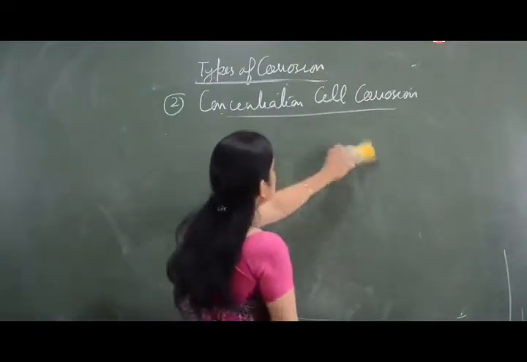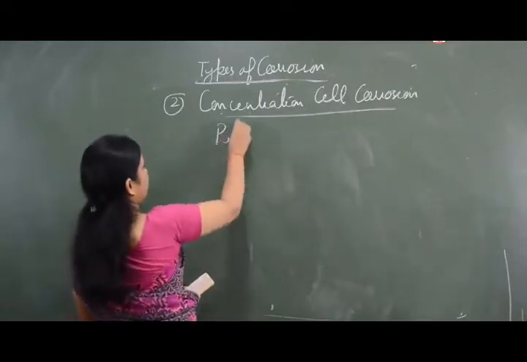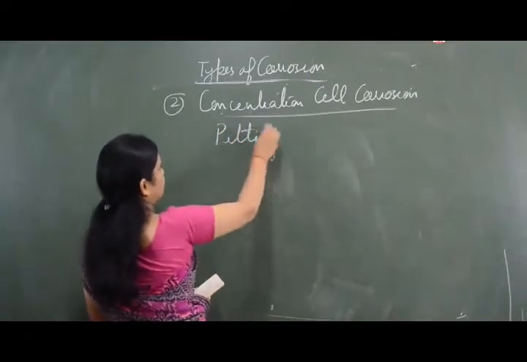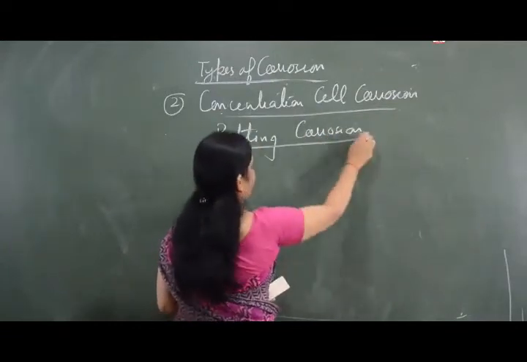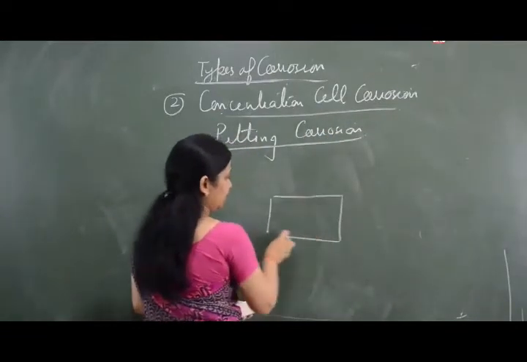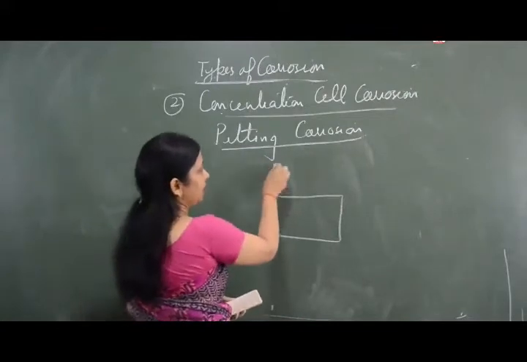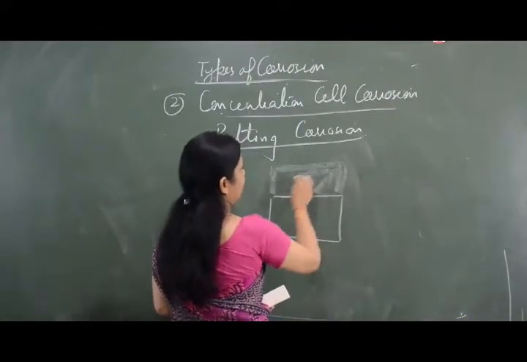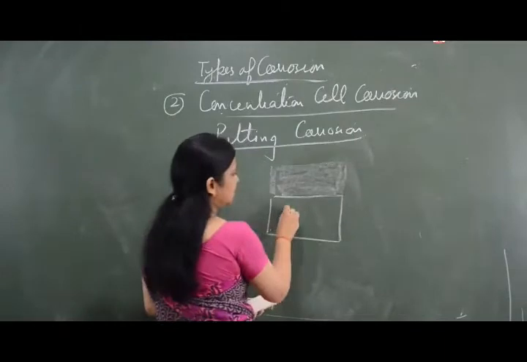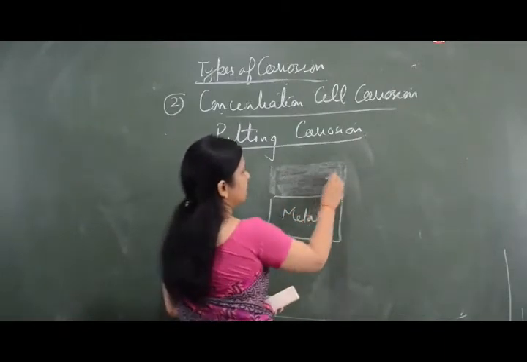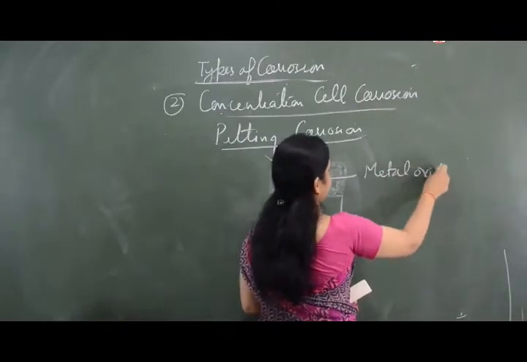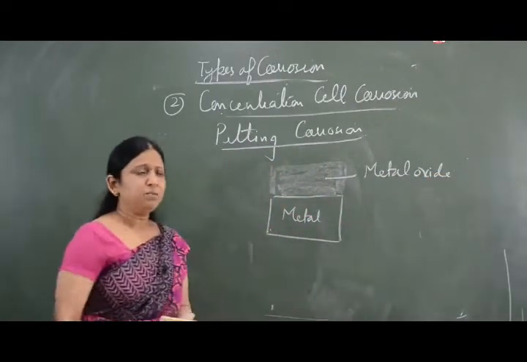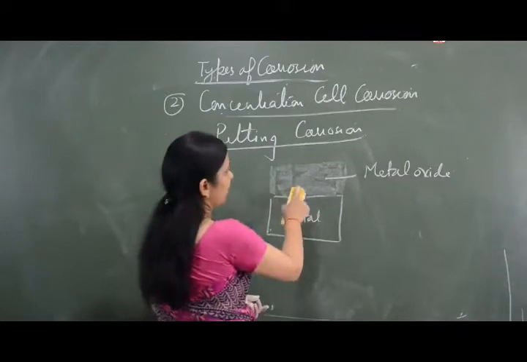Then the next concentration cell corrosion is pitting corrosion. The meaning of pitting corrosion is, suppose we have this metal, and over this metal we have a metal oxide layer. So this is metal, and this is the layer of metal oxide. What happens? By some means this layer develops cracks.